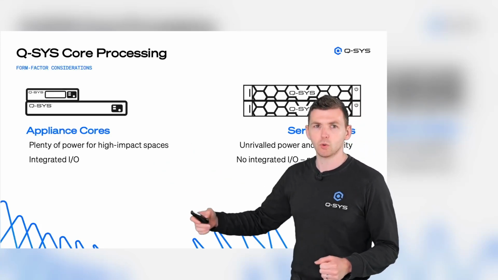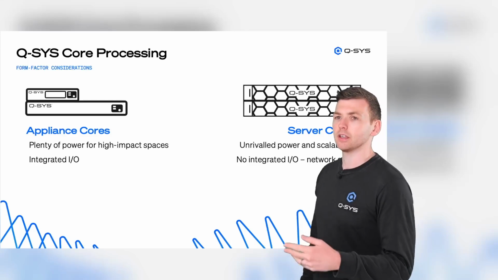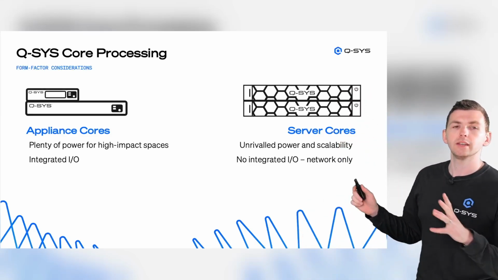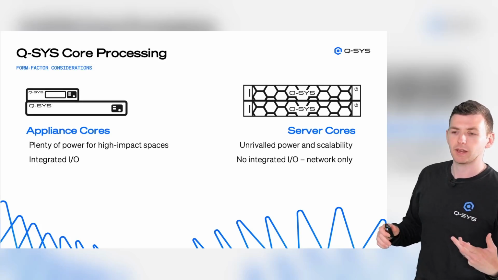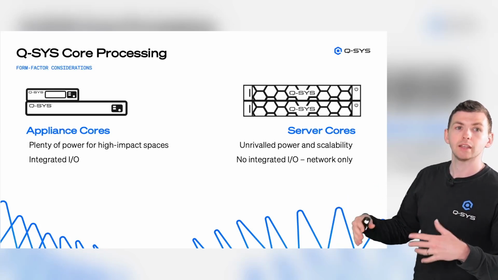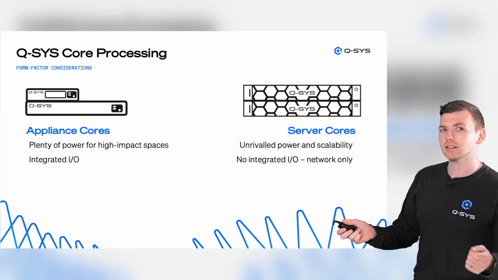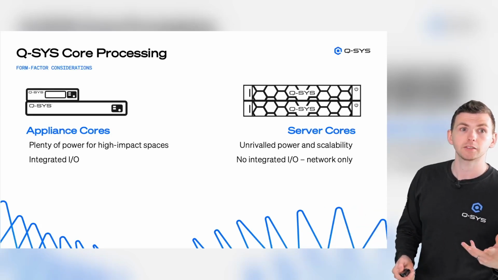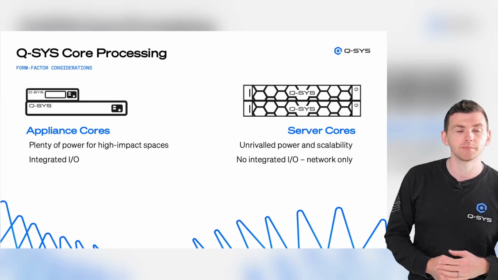For example, analog audio, USB connectivity, HDMI connectivity. Server cores, no integrated I/O, network only. They're designed to be placed in a comms cabinet, in a server room, connected to the network, and all of the input and output is going to be on the network for maximum scalability and flexibility.